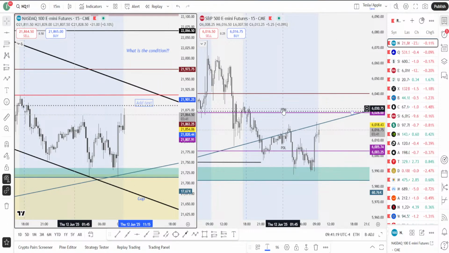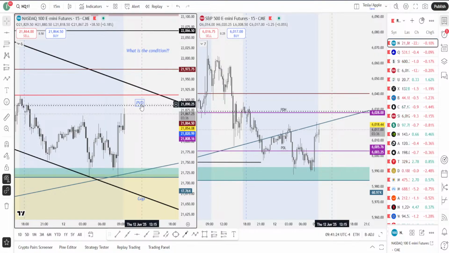Let's label that right here. Previous day close is going to be PDC. That's not Providence. It's previous day close.